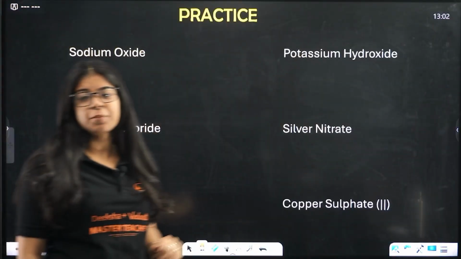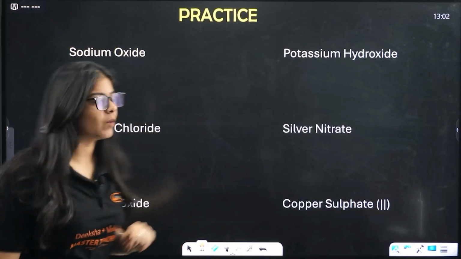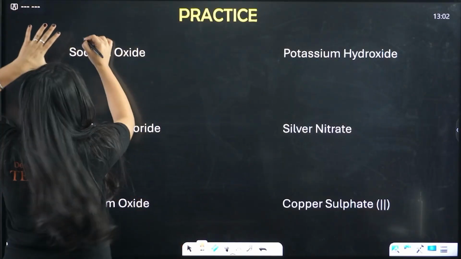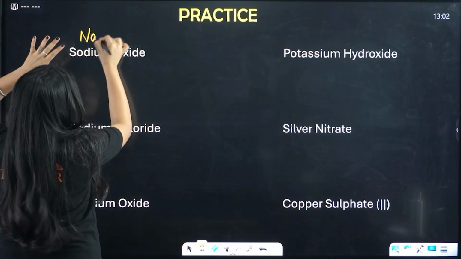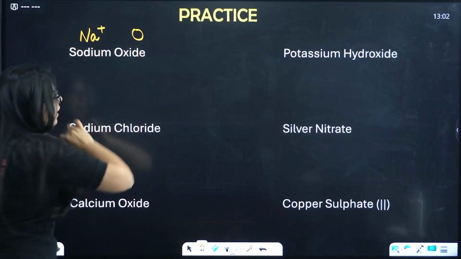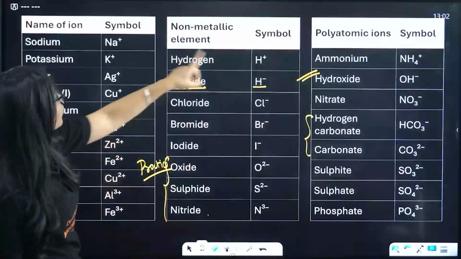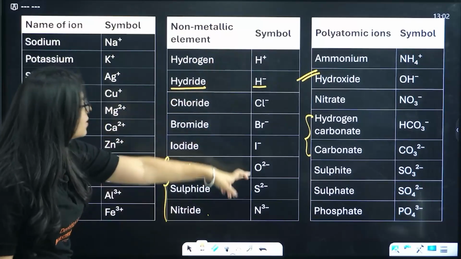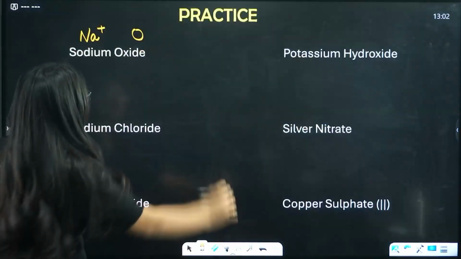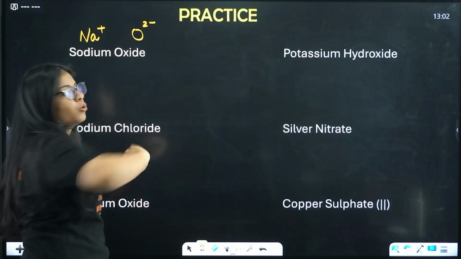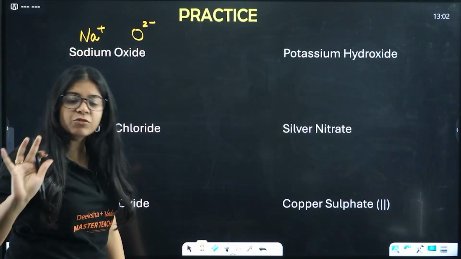Okay, take out your pen and copy and we'll practice very quickly. Sodium oxide. Sodium is Na plus. What was oxide? Write down. Oxide is O2 negative. You can use the table for now. You don't have to remember right now.